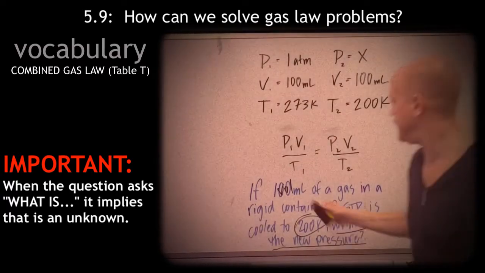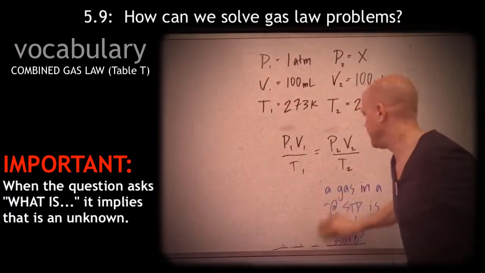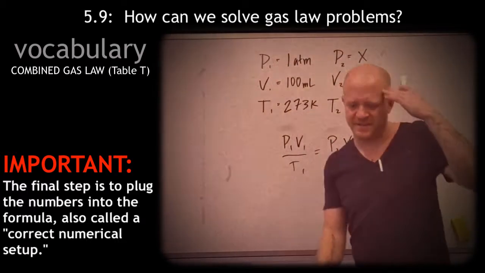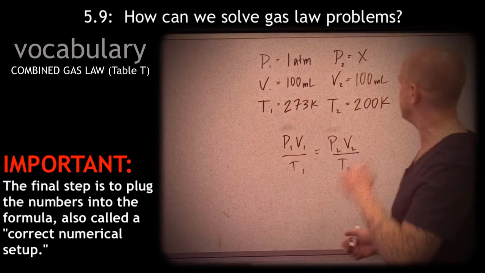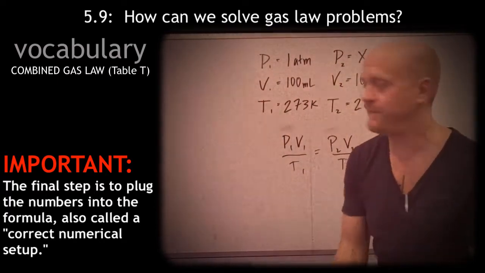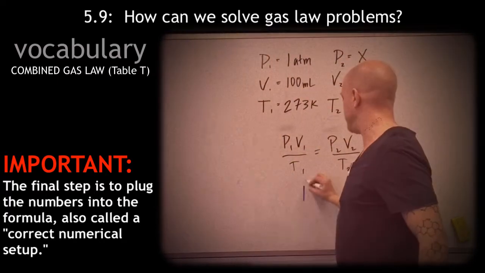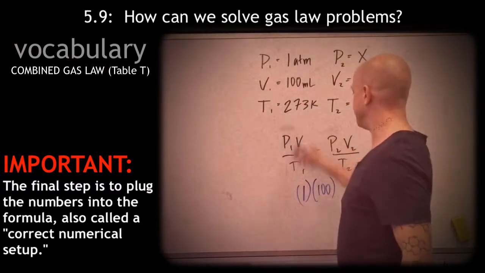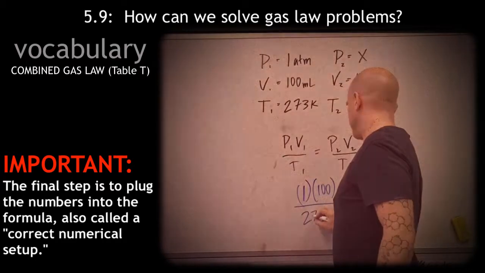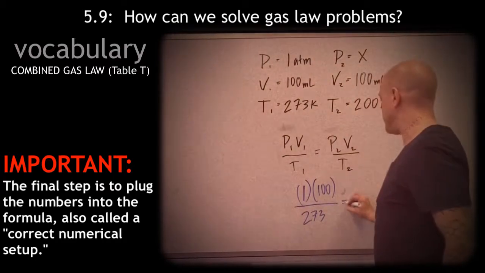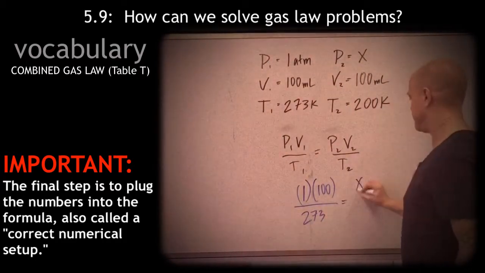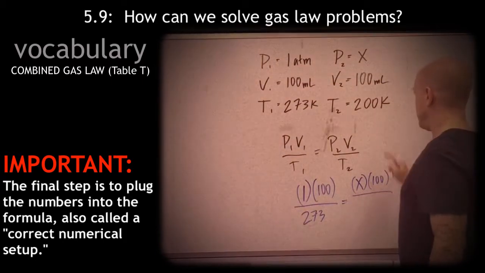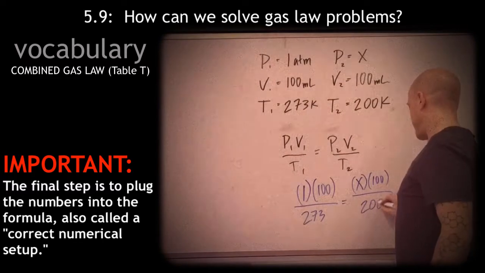Now I can set up a numerical setup. I don't have to do the calculations because you can figure them out, but I'm going to plug in these numbers. So I have 1 atmosphere times 100 milliliters divided by 273 equals X times 100 over 200.